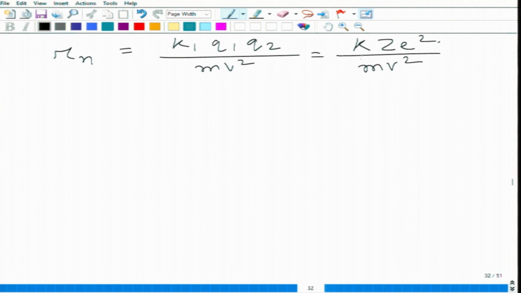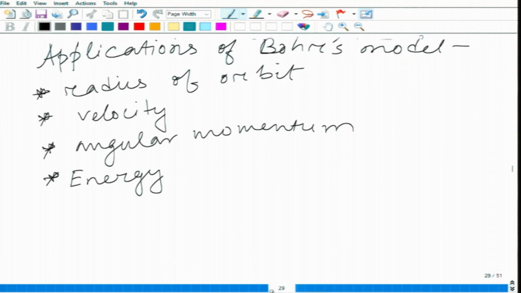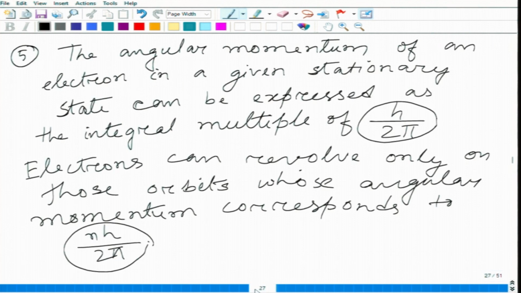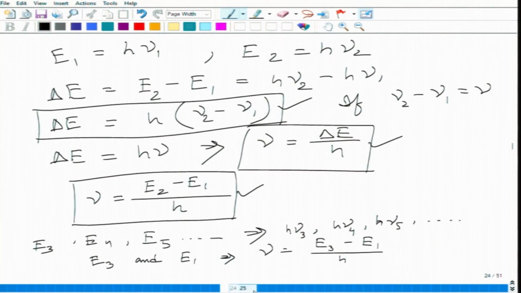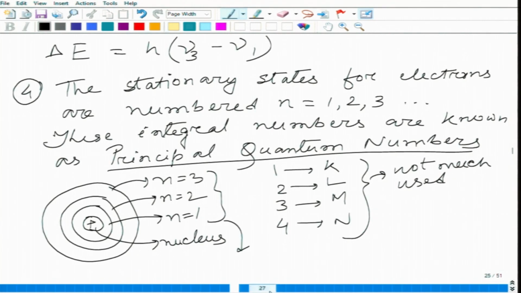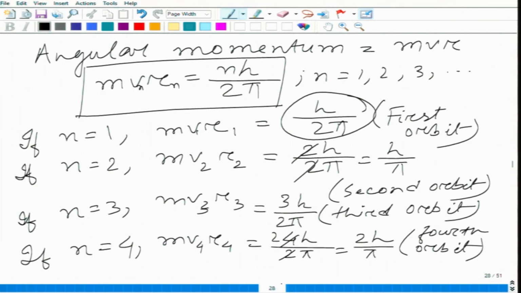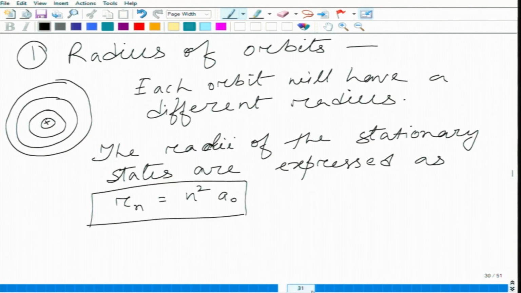From this we know every value except v. So, we need to find out what is the expression for v. From the expression of angular momentum we had seen that mvr equal to nh by 2 pi.